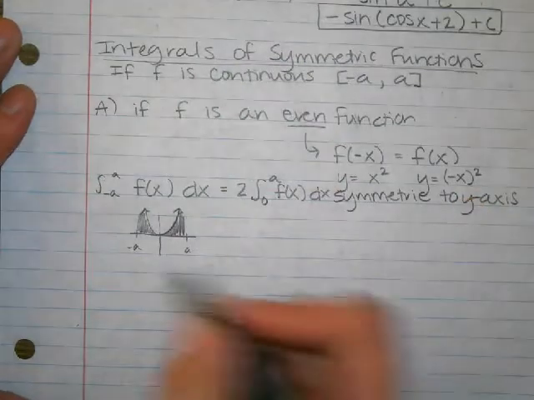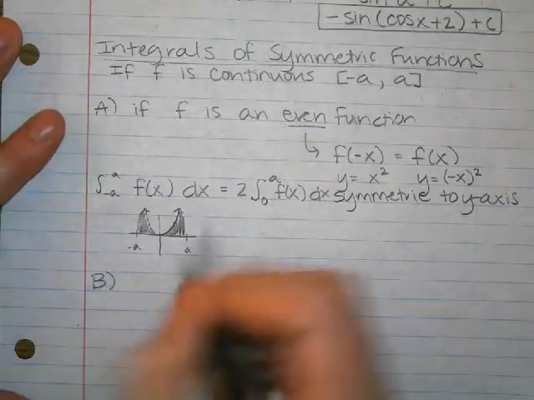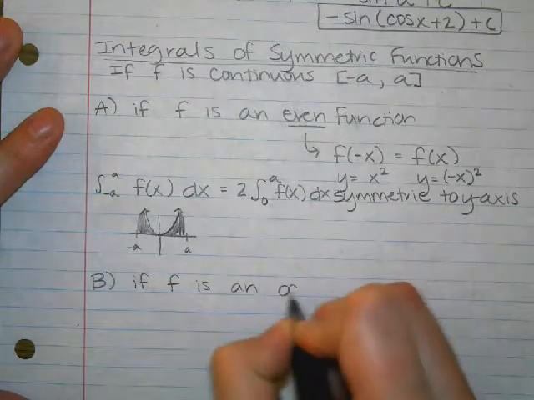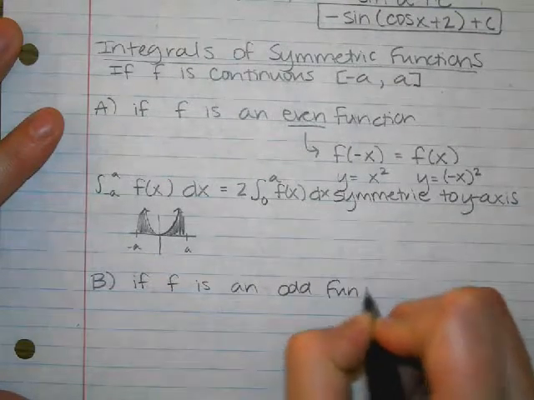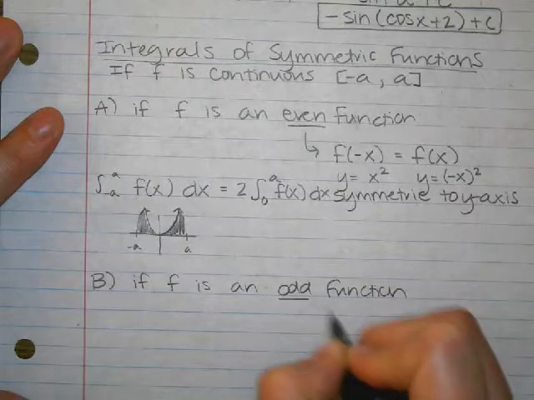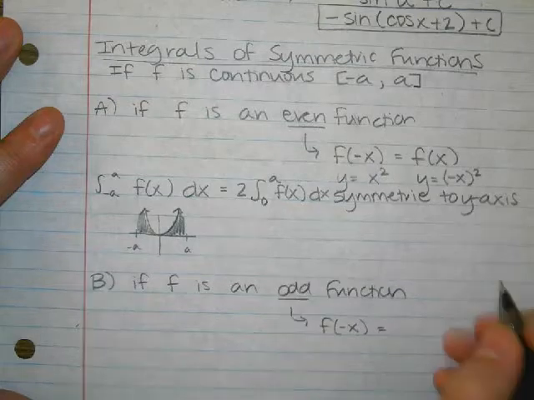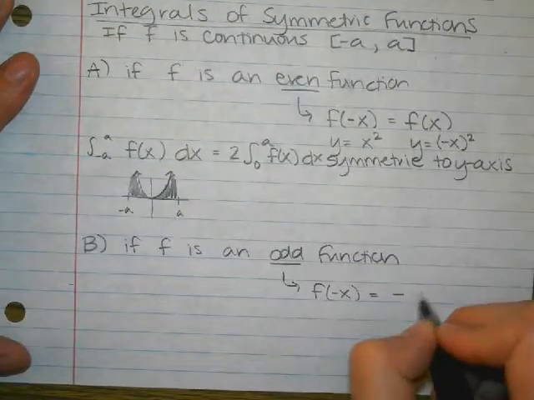The other one is if we have an odd function. And odd functions are a little bit different. If you plug in a negative x, you actually get the negative version of the equation.